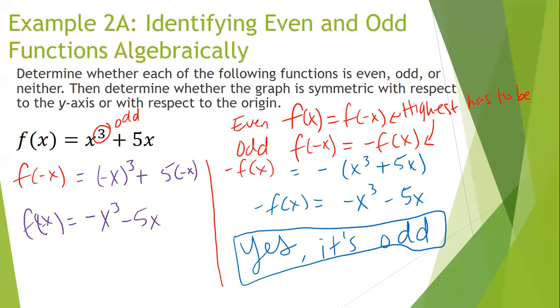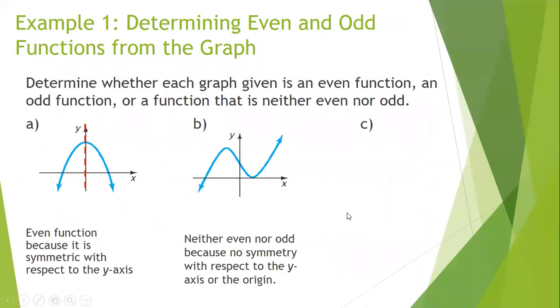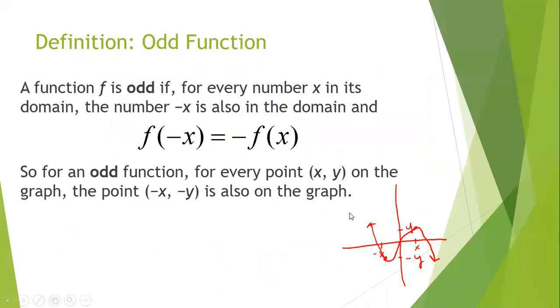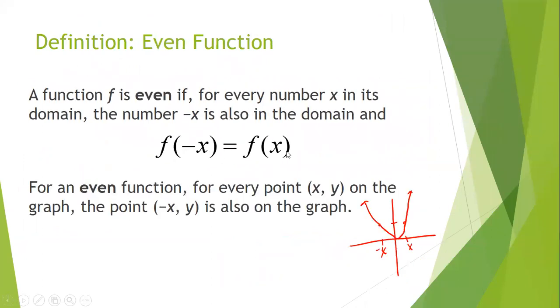I can go back. Because the rule that we wrote to test, we wrote the rule for the definition. And the definition says that if something is odd, you're going to test to see if f of negative x equals negative f of x. If it's even, you're going to test to see if f of negative x equals f of x. So this is what we're testing.